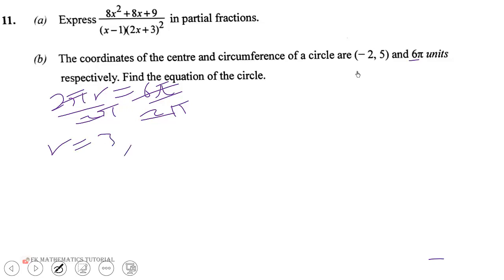Now we're given the center to be negative 2, 5.